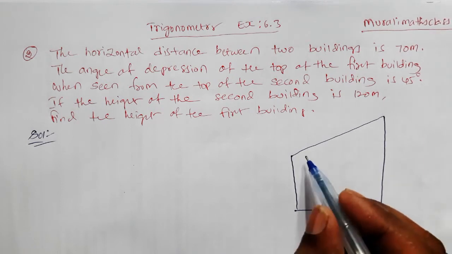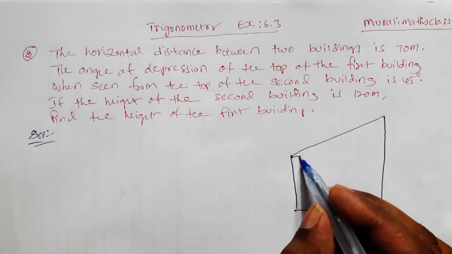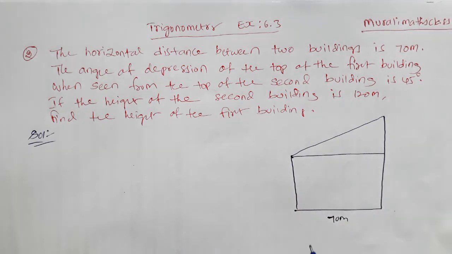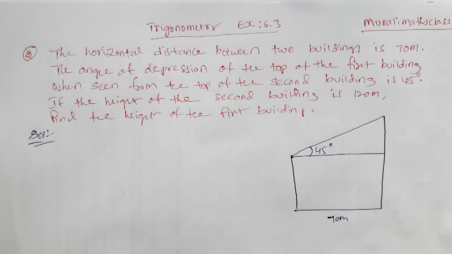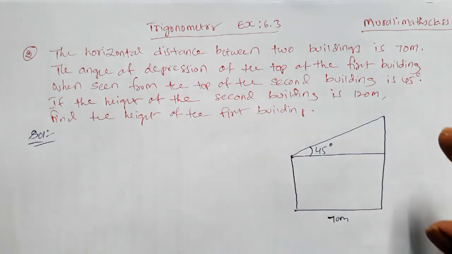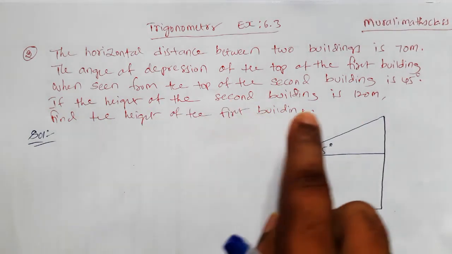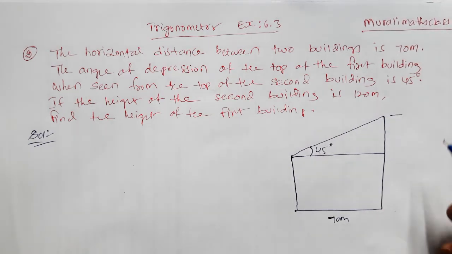Ground level, for this ground level we have to take one parallel line. Now you mark 45 degrees here. Okay. If the height of the second building is 120 meters, this is the height.